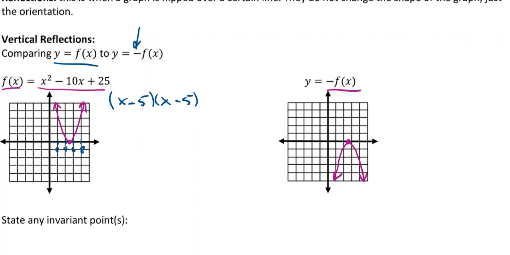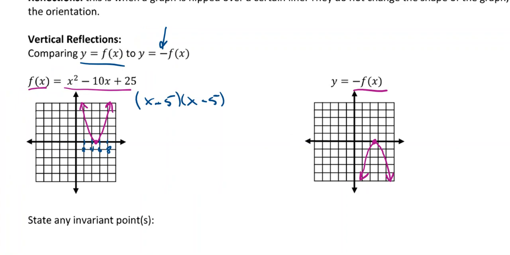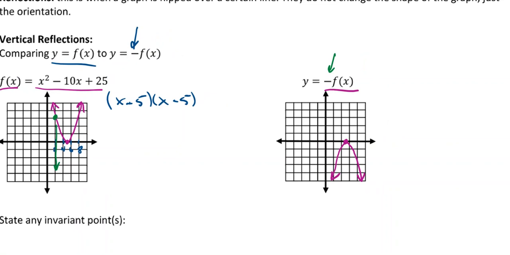And this makes sense, because on this one, any number I put in, let's say that point right there, when x is 2, y is some number. If I just put a negative out front, then it's going to be that same number, but negative. So it's going to be flipped down there, right? That's just what's happening on every one of these points.